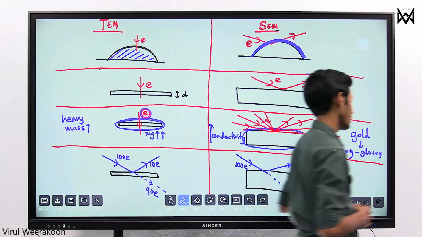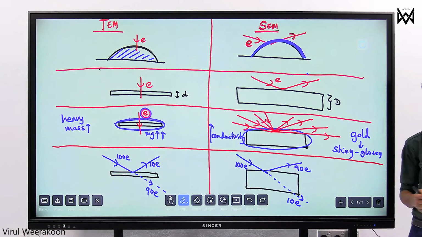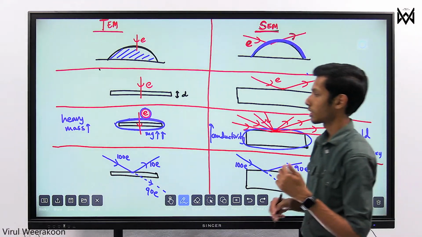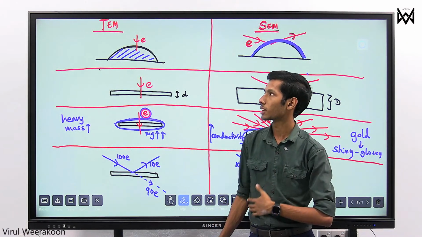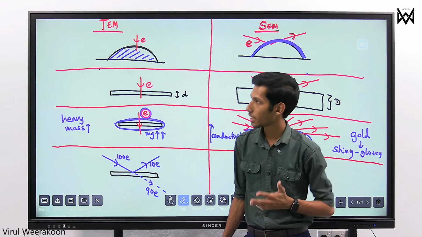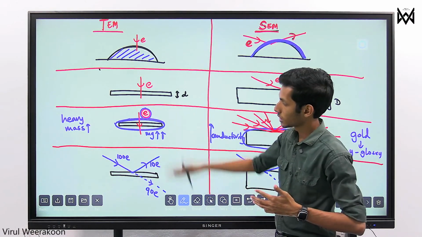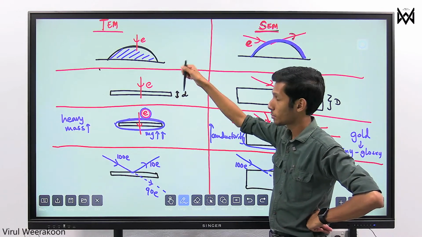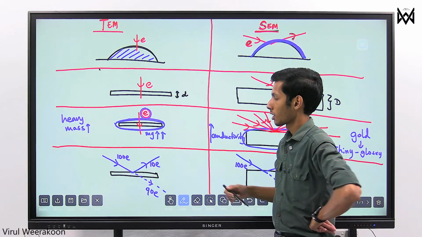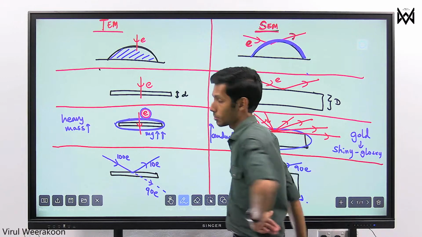Today we had the electron microscope, two types to discuss: scanning and transmission. In the transmission electron microscope, the electrons pierce and go through the specimen. That's why the name suggests transmission. The majority of electrons go through the specimen.